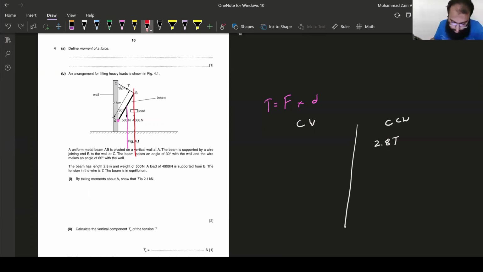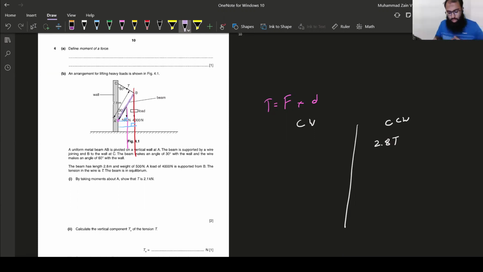Now what I need to do is I just need to find these values. This perpendicular distance as well as this perpendicular distance between the pivot and the line of action. So I could simply do this in a lot of ways. I know this whole thing is 2.8 meters. So obviously I know this line is 2.8.